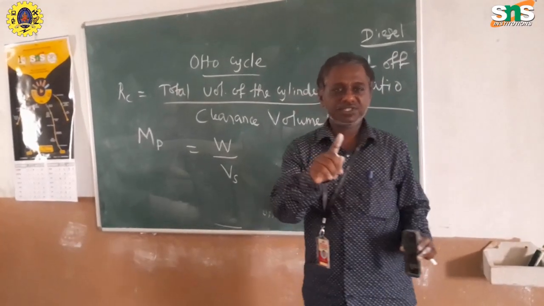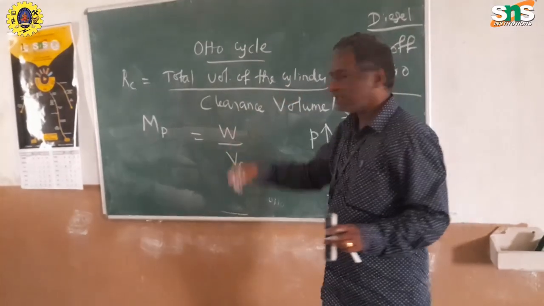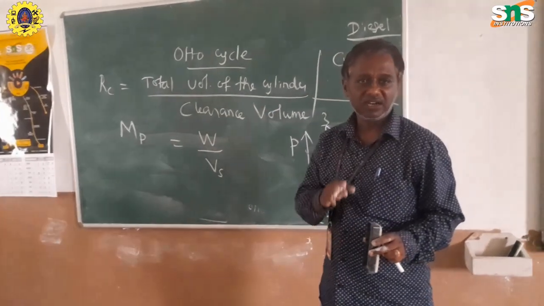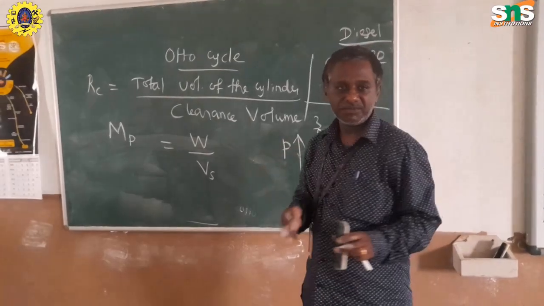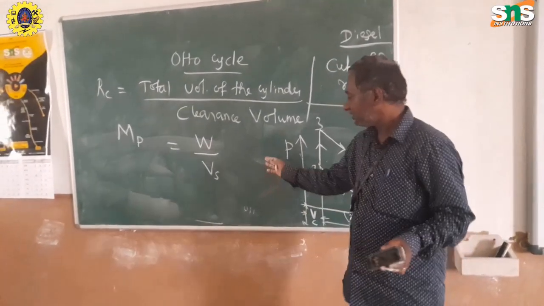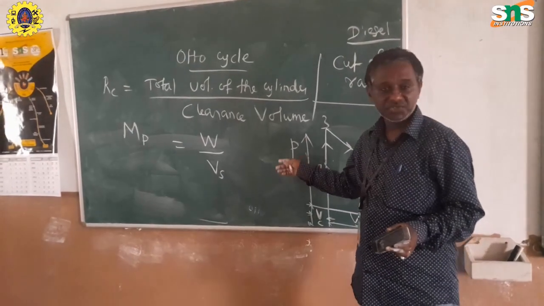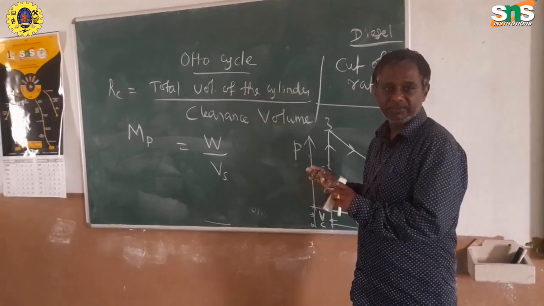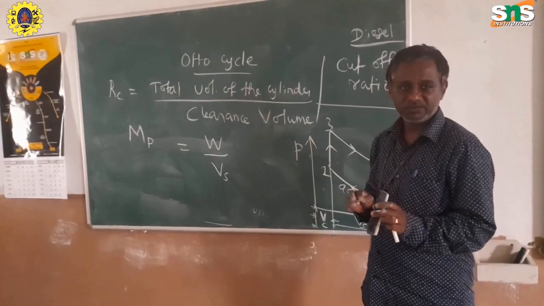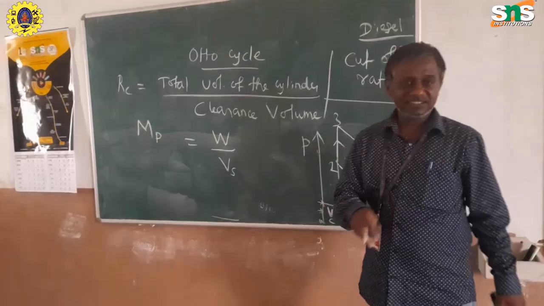We discussed how compression ratio is defined and how it gives a relation for the Otto cycle. Finally, mean effective pressure was introduced, generally defined according to the stroke volume. That's all in this class. We will look at the diesel cycle in the next class.